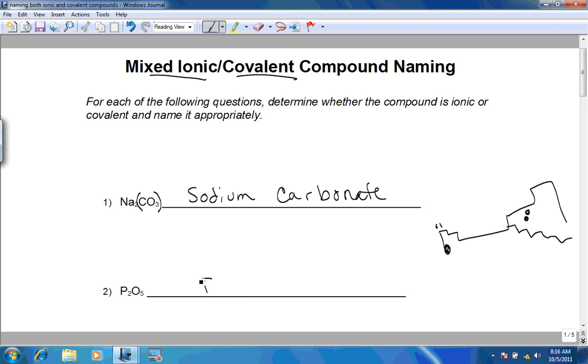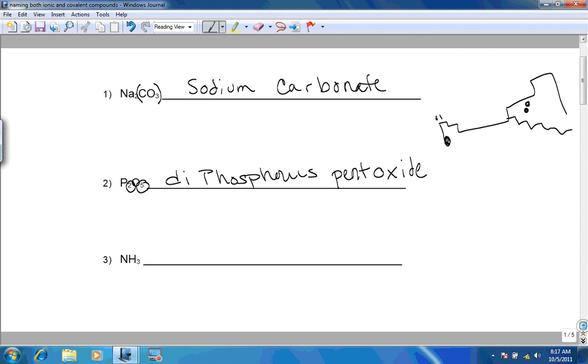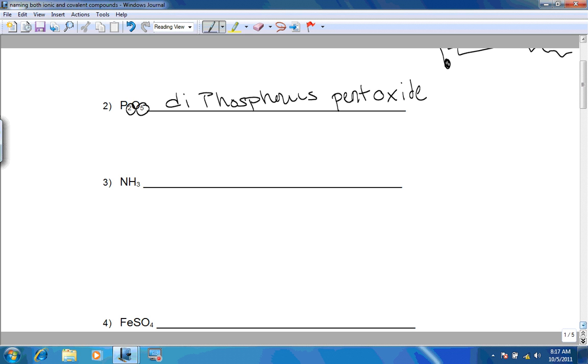So, when we're doing this, look at what we have first, and then because it's molecular, we're going to be using the prefixes. So 2 is di, so it's diphosphorus. Oxygen becomes oxide because we only want the base of the word. And then 5 is penta. So diphosphorus pentaoxide, we're using prefixes because they're both nonmetals and forming a covalent bond.